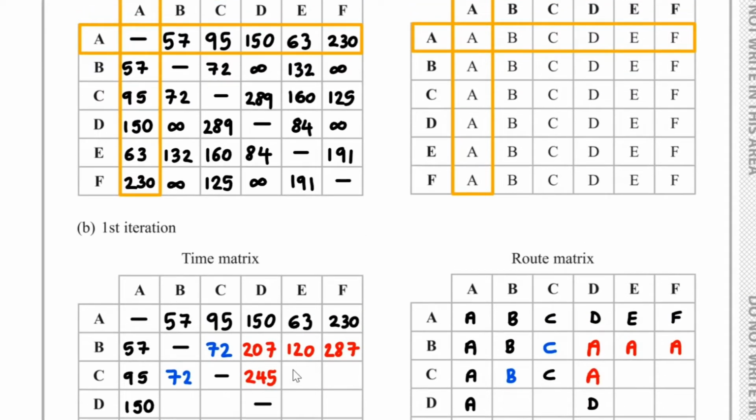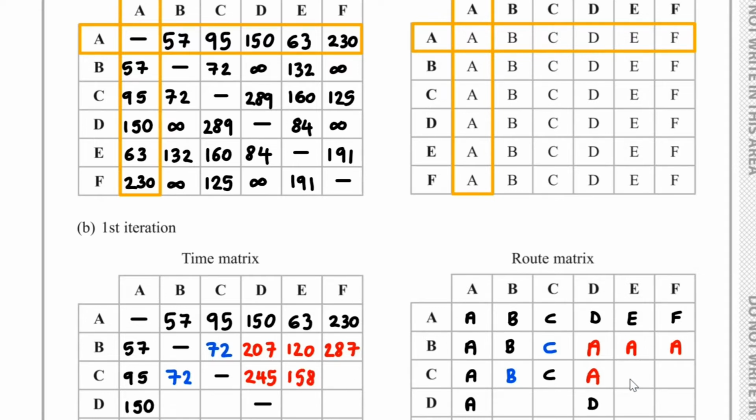For the element over here, we compare 160 with the sum of 95 plus 63. 95 plus 63 is smaller than 160. The sum of 95 plus 63 is 158.